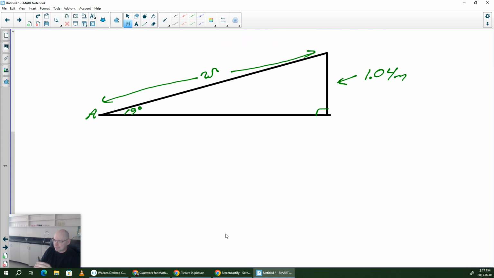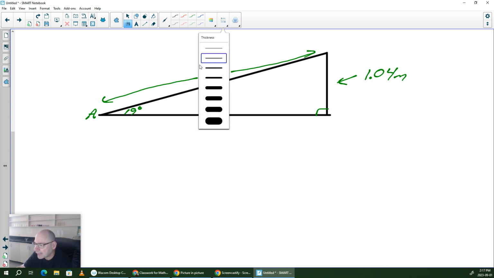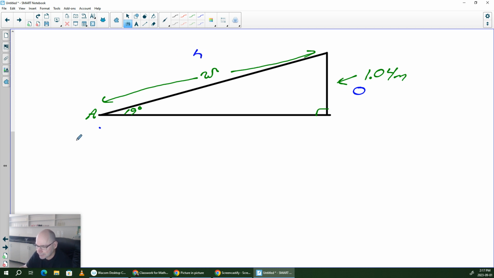See what you get. Okay, so we're looking at this one. We're going to do this analysis. We're looking at this bottom angle. So this is our opposite side, and this is our hypotenuse. So that's sine, opposite over hypotenuse. Sine 19 degrees. What's the opposite side? 1.04. What's the hypotenuse side?